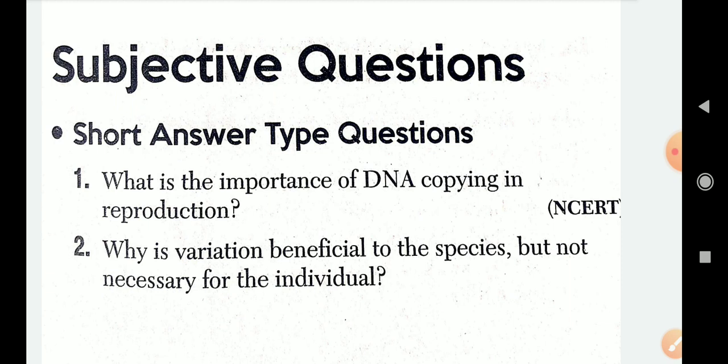And number two, during DNA copying, changes occur due to the inheritance of traits from both the parents. The characters intermix together, and this process is the cause of variation in the offspring. This genetic variation is very useful for the evolution of new species.